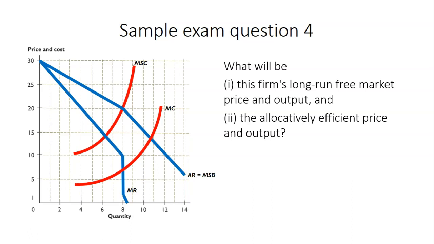So we've also been presented with information about the marginal costs and the marginal social cost. We can see that they diverge, and the marginal social costs are higher than the marginal private costs, indicating that there are negative externalities of production being generated by the firm.